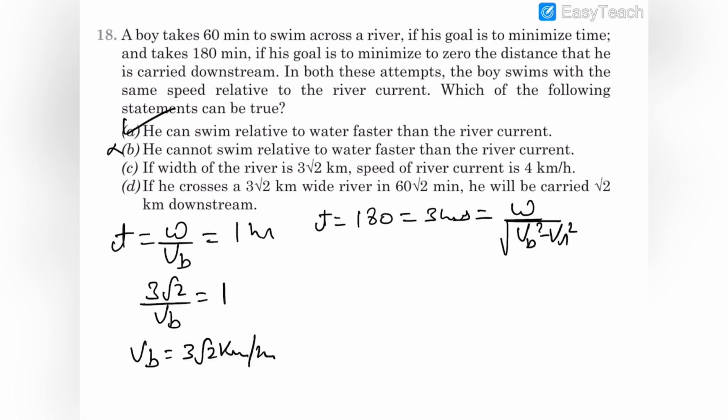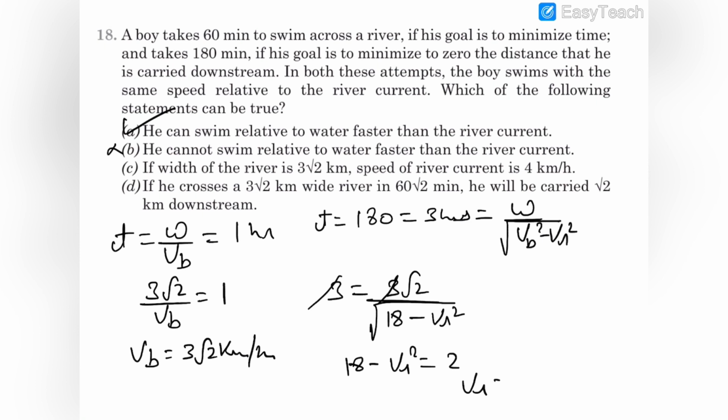And if VB is 3 root 2 kilometer per hour, then under root VB square, which is 18, minus VR square is equal to 2. So VR is equal to 4 kilometer per hour. So C is also correct.